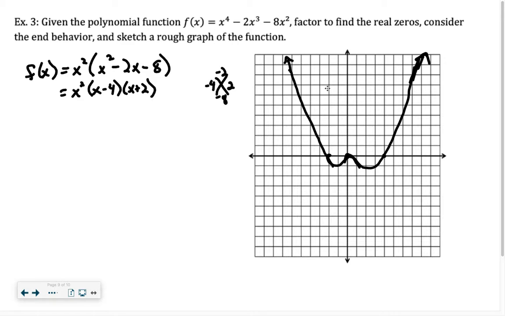Again, this is called a rough graph because we don't know exactly where the graph is going to go up here or how far down it's going to go down here. Right? What we're just looking for is end behaviors, the correct zeros, and whether the graph should cross or touch at each of those zeros.